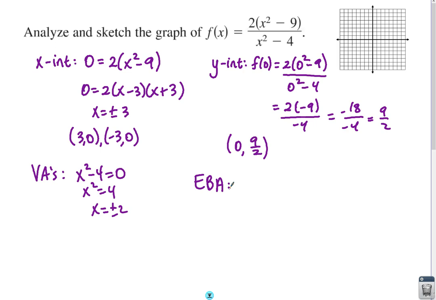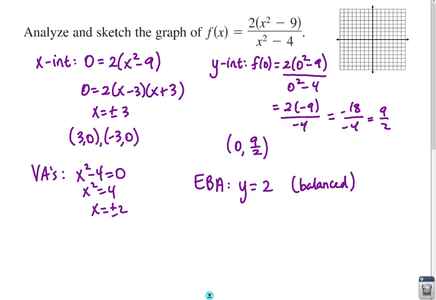We look at our leading coefficients, and our leading coefficient is going to be a 2 in the numerator and then just a 1 in the denominator. So y equals 2 is my end behavior asymptote, and I want to write a little note because they were balanced. Remember, if it was top heavy, which meant you have a higher degree on the top, you would have to do long division to find your slant asymptote, and if it was bottom heavy, it would just automatically be 0. So this is now everything that I know up to this point without any calculus knowledge.